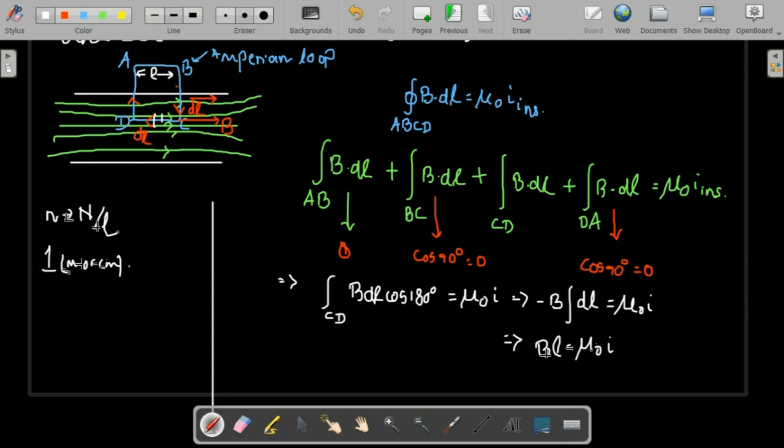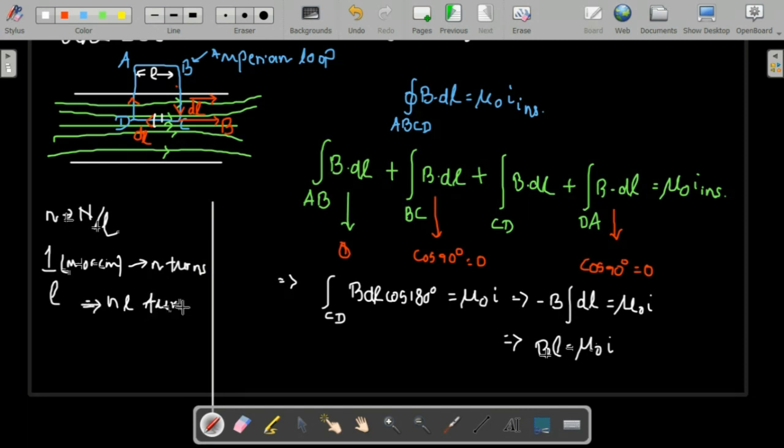In this 1 unit, there will be n turns. Now how many turns do we have? What is our length here? L. So our length is L. That means in L meter or L centimeter, the number of turns would be n into L.